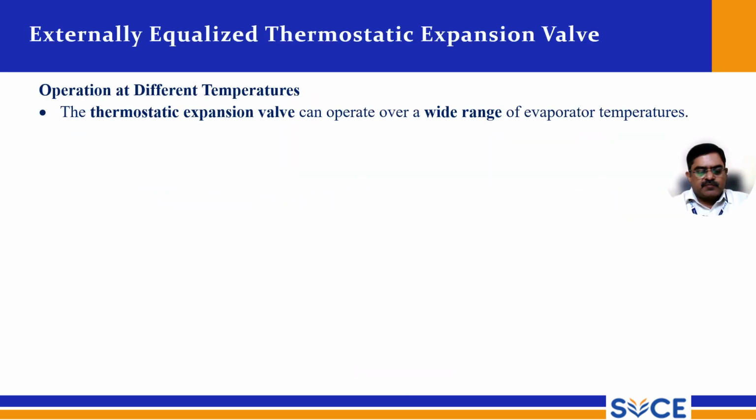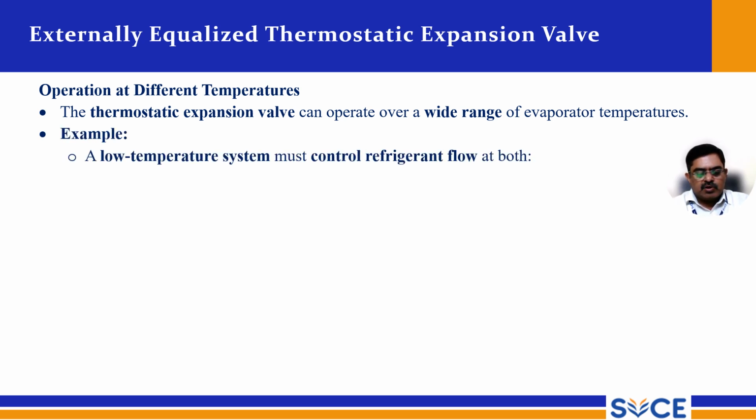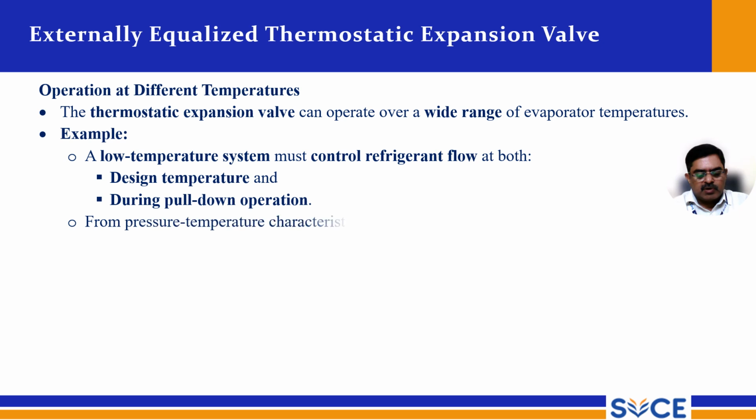Operation of the thermostatic expansion valve at different temperatures. The thermostatic expansion valve can operate over a wide range of evaporator temperatures. For example, a low temperature system must control refrigerant flow at both design temperature and during pull down operation.